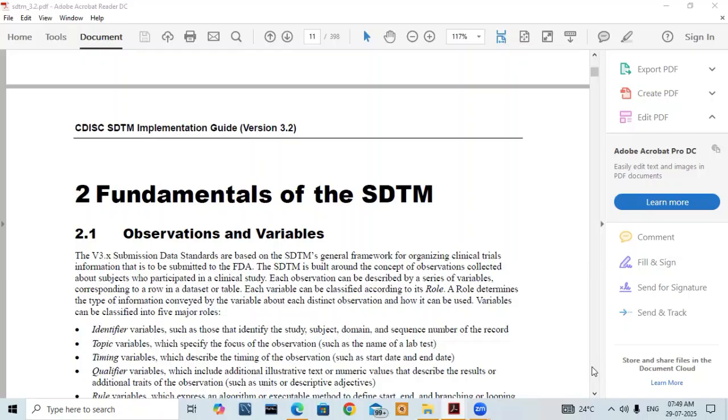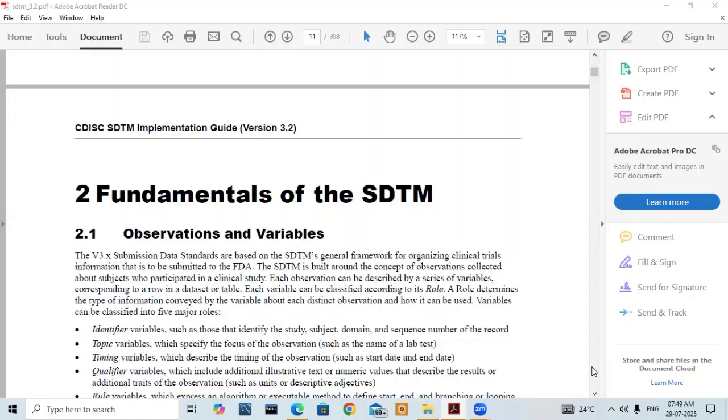Anyhow, the SDTM tables are called domains, and each table has horizontal rows and vertical columns. Listen carefully and remember these terms.